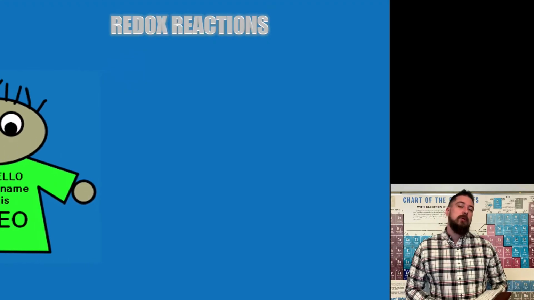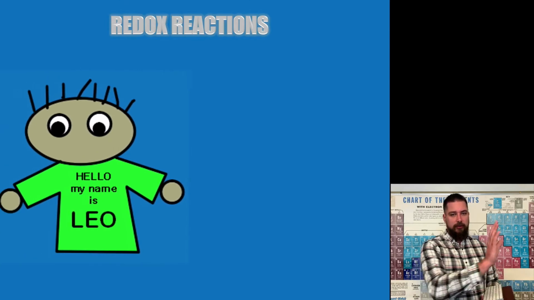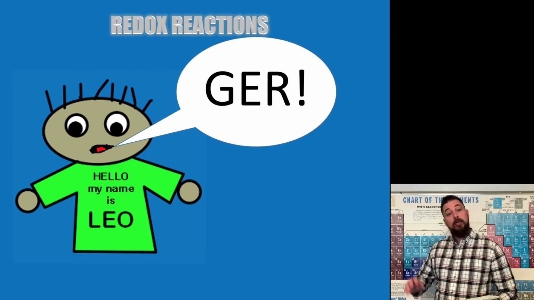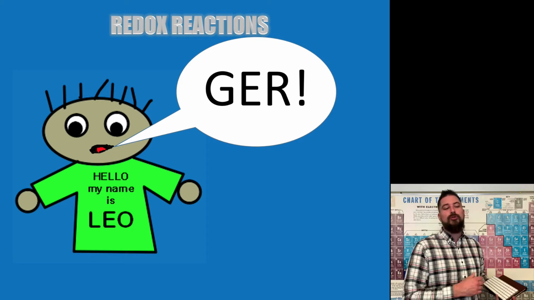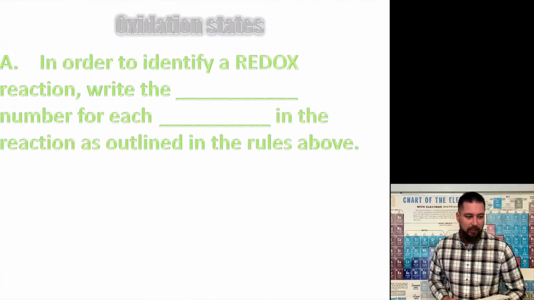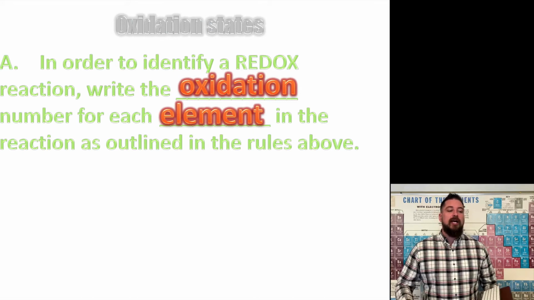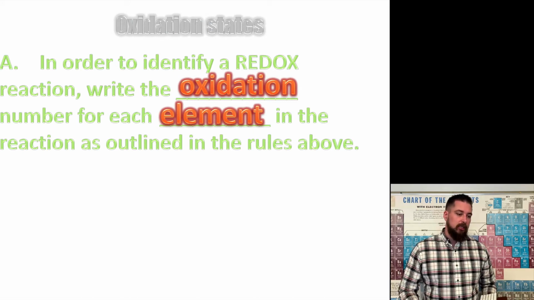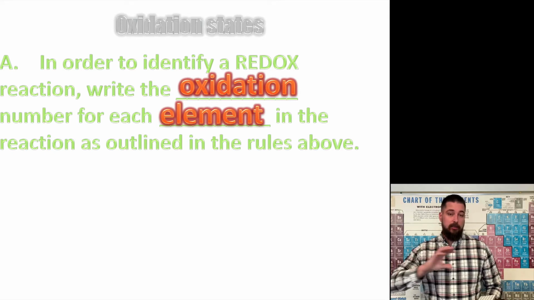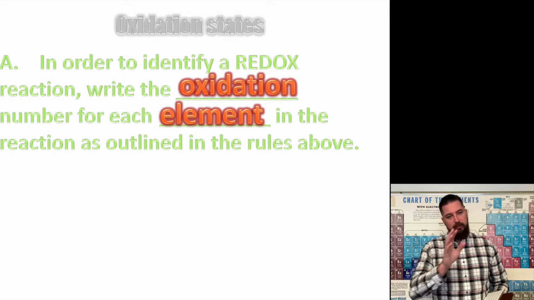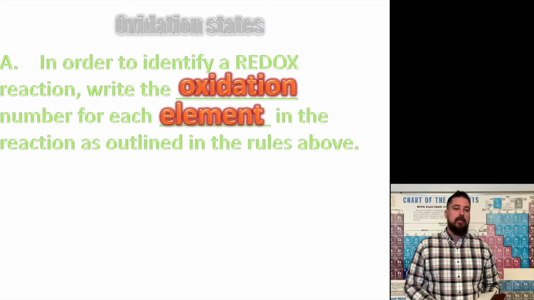All right, so let's talk about redox reactions themselves. So we just talked about assigning oxidation numbers. Now let's talk about redox reactions. This is where we're going to use LEO the lion says GER. In order to identify a redox reaction, you have to write the oxidation numbers for each element within the entire chemical reaction, all right? And you have to do it on the reactant side and the product side.